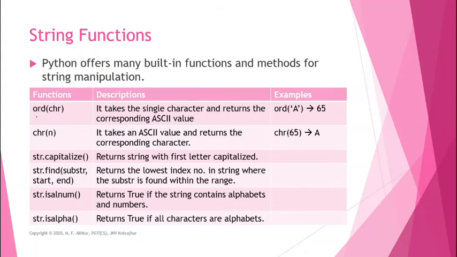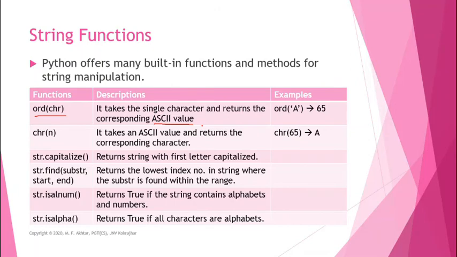See, one function is ord, and within brackets we have to give some character. It takes a single character and returns the corresponding ASCII value. Actually, in computers each and every alphabet letter or any symbol is given some code, and that code is known as ASCII code.